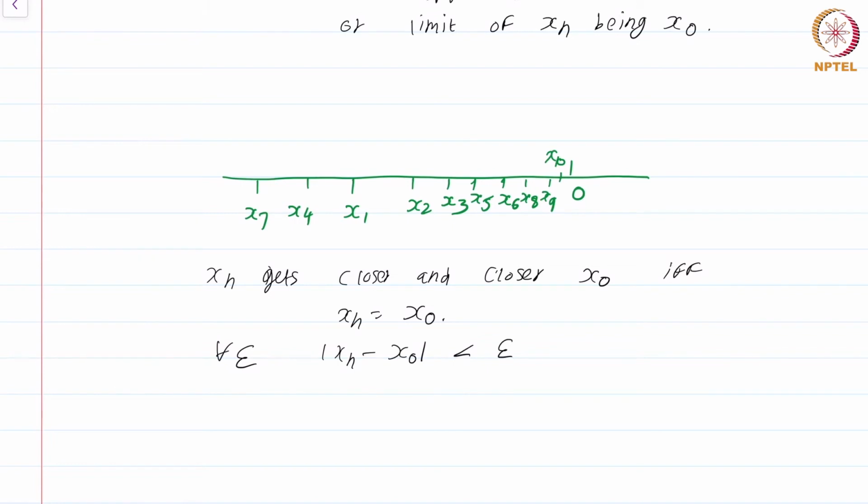So to show that xn converges to x0, we must show that no matter what epsilon is provided, however small it be, I must be able to provide an n such that whenever the sequence you have is beyond that point n in that sequence, then mod xn minus x0 must be less than epsilon. And this is the motivation for the central definition of this course, the definition of convergence. Definition.